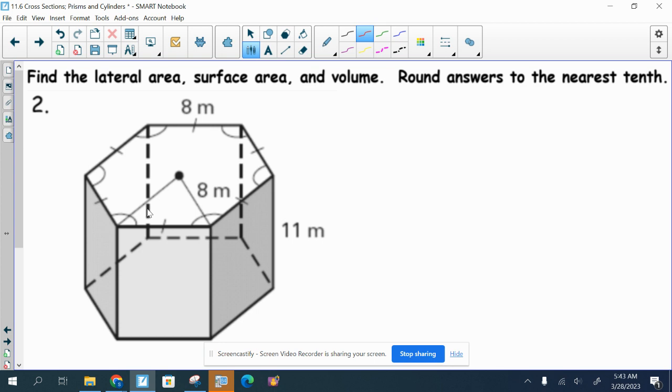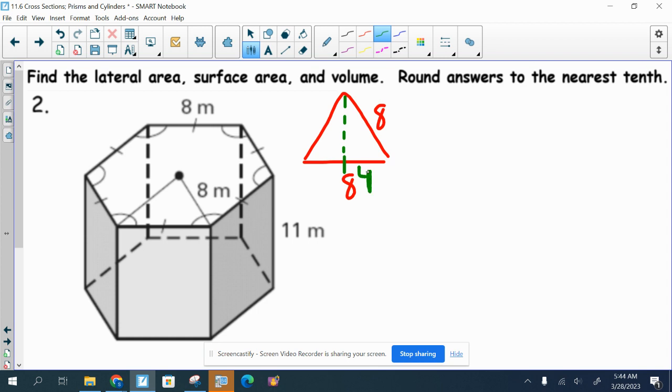So this would be an isosceles triangle, and in this isosceles triangle, this is 8, and this is 8. So if we want to find the area of this, we would need to know what this height is. Okay, and if it's isosceles, that means that the perpendicular is also a bisector, so this would be 4.